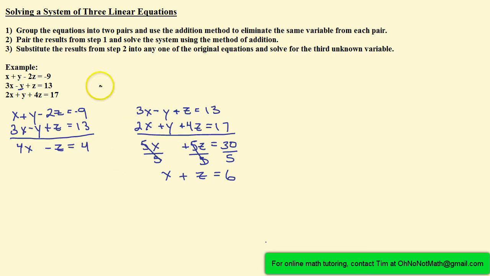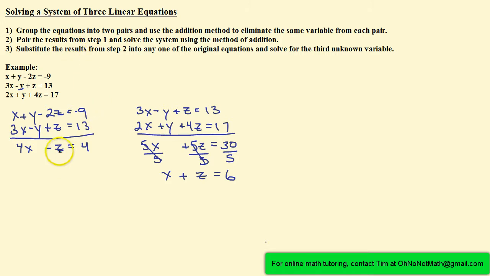Okay, so now I've completed step 1, right? I've grouped the equations into 2 pairs and used the addition method to eliminate the same variable from each pair. So now I move to step 2. Step 2 says to pair the results from step 1 and solve the system using the method of addition.